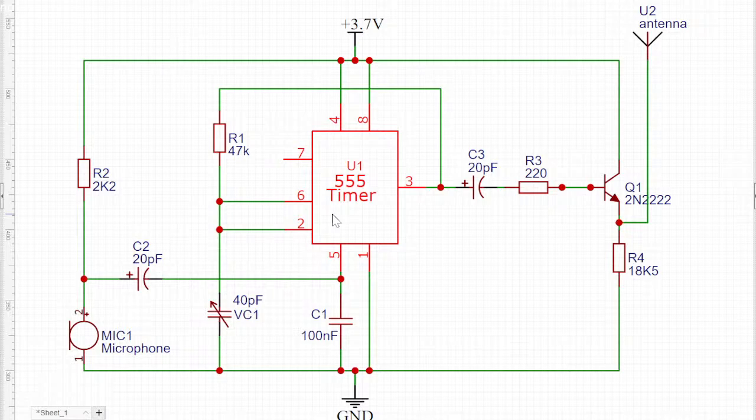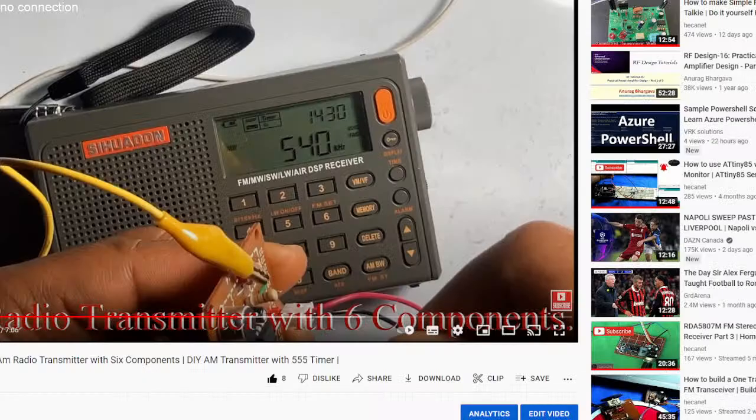The carrier signal, which is a square wave generated by the 555 timer, is modulated because of the presence of this control voltage. That signal is then decoded by the radio, and the audio is extracted from the carrier signal, and that's what you hear at the speaker, like so.